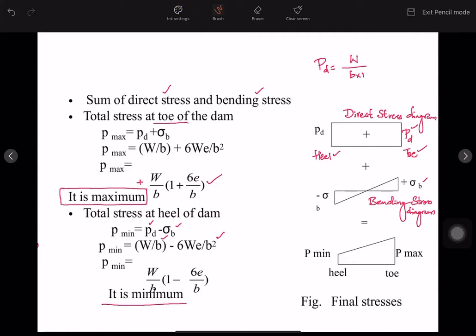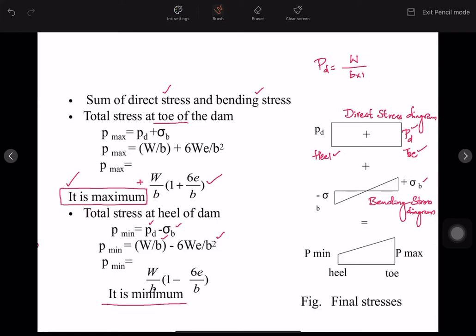So with this we can say that in a dam structure, on the bottom face of the dam we'll be having two different stresses. One is at the toe and one is at the heel. At the toe we'll be having maximum stress, and we can say it is the maximum compressive stress, and at the heel, we'll be having minimum stress because it is subjected to a bit of tension.